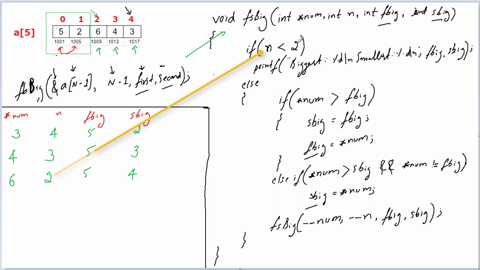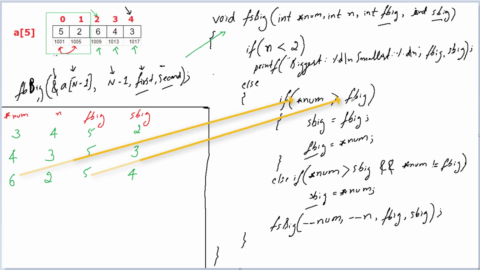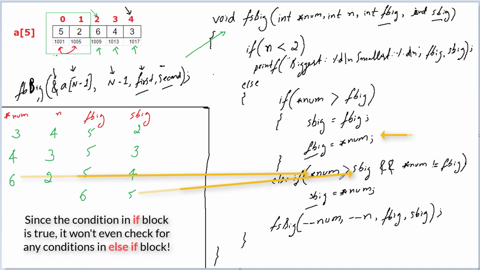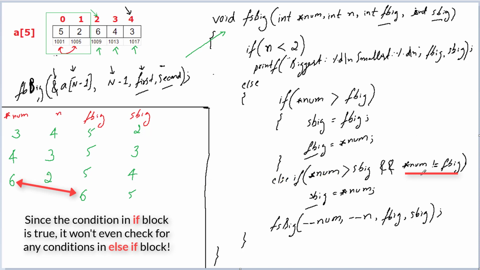Now the recursive call, 2 less than 2, no, false. So now 6 is greater than 5, is true. So transfer the value of f big, which is 5, to s big. Now transfer the value of star num to f big, which is 6. Now check this. 6 is greater than 5, is true, but 6 is equal to f big.